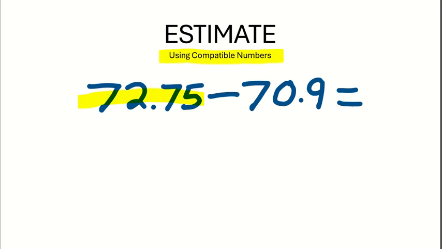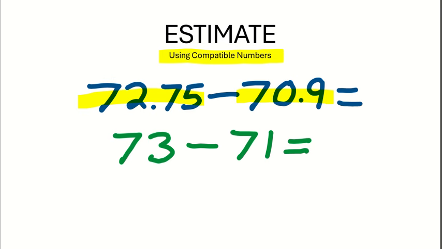So this is actually going to be closer to $73. So we'll use that. And then over here we have $70.90, which is going to be closer to $71. And 73 subtract 71 is going to be 2. So our actual answer is going to be very close to 2.